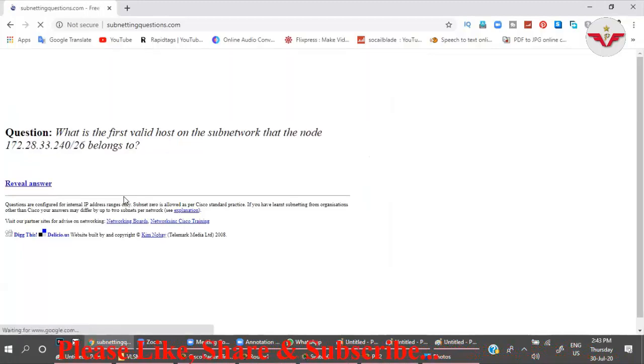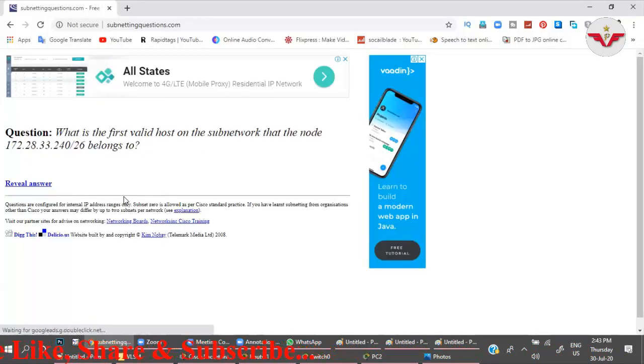So this is the last question for today. Nice. I want a correct answer from everyone. What is the first valid host on the subnetwork?